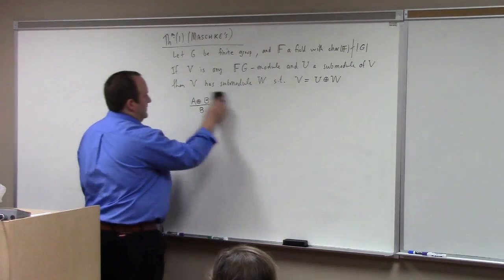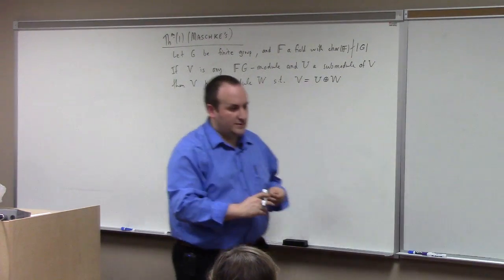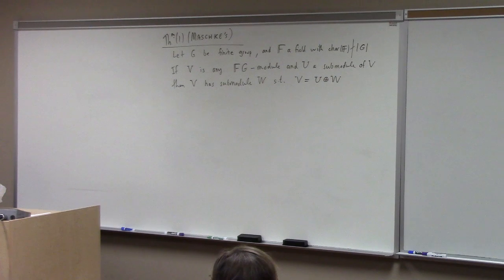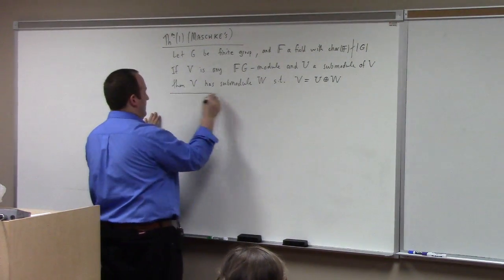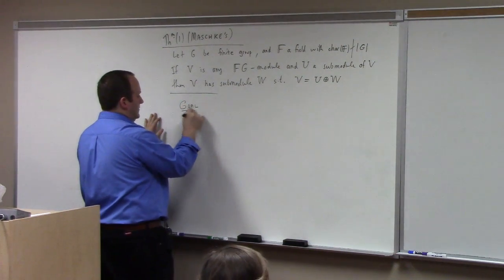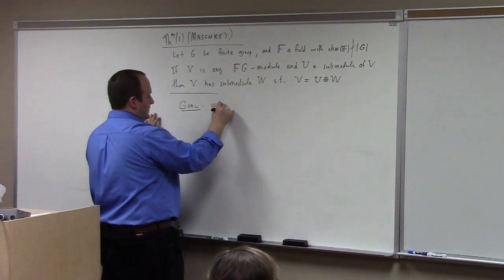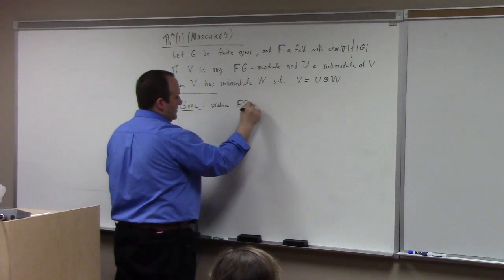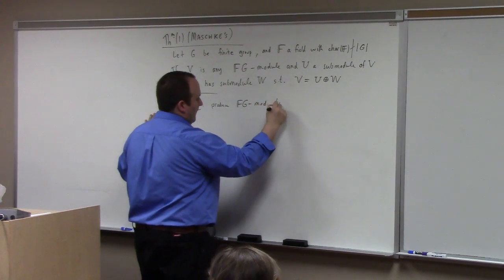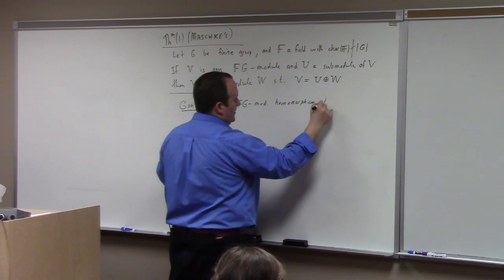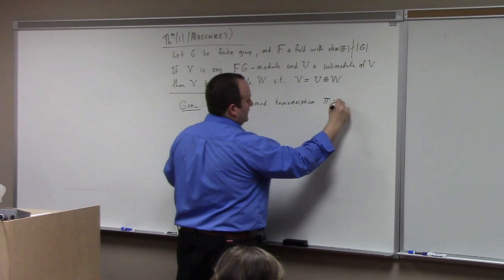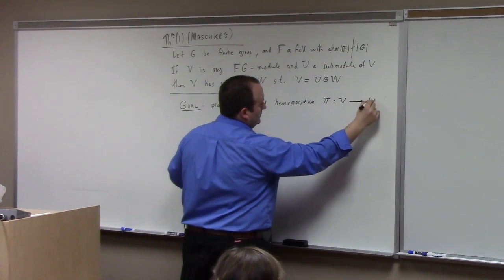But let me follow this. What we want is to produce an FG module homomorphism pi from V to U. So, goal: produce an FG module homomorphism pi from V to U such that what?